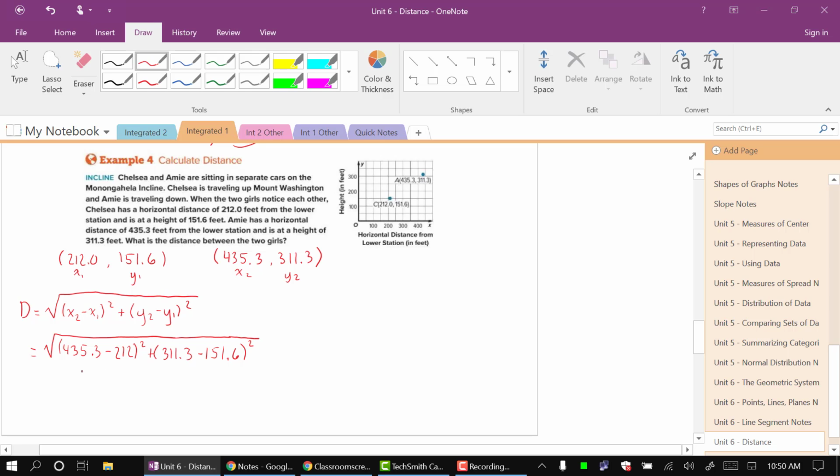Simplify what's inside the parentheses. 435.3 minus 212 gives you 223.3 squared, plus 311.3 minus 151.6 gives you 159.7 squared.